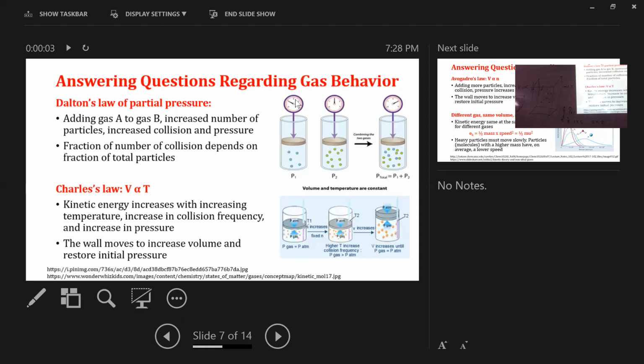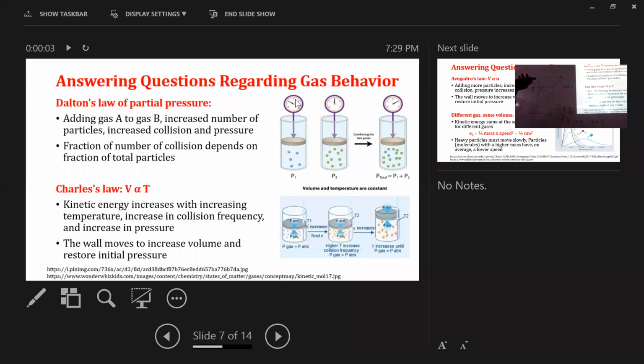That will be the partial pressure of this component, and the total pressure of the system will be the partial pressure of this one plus the partial pressure of this one. So the total pressure equals the sum of the partial pressures of the components, as many components as we have.